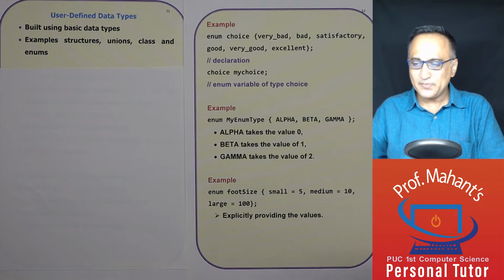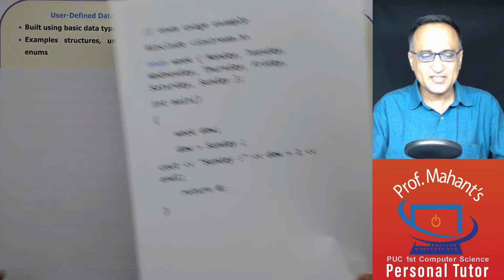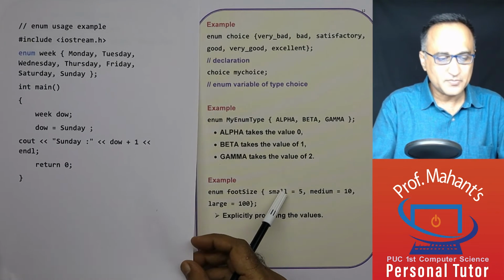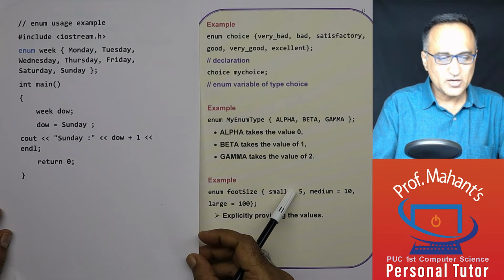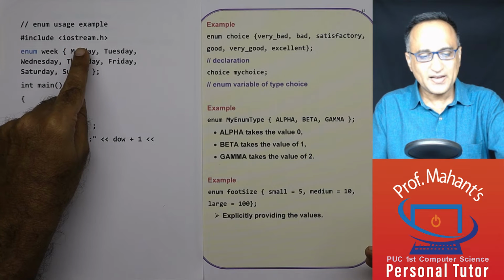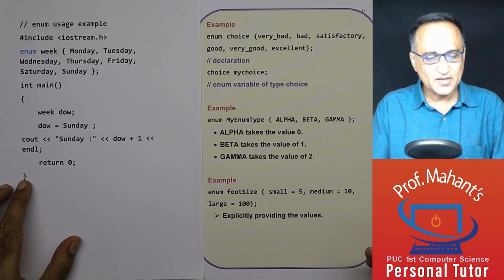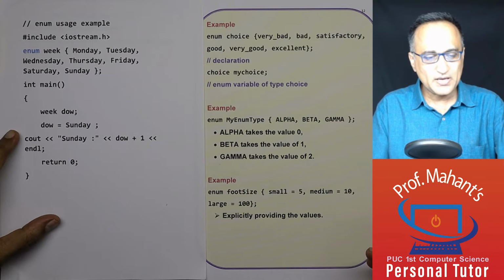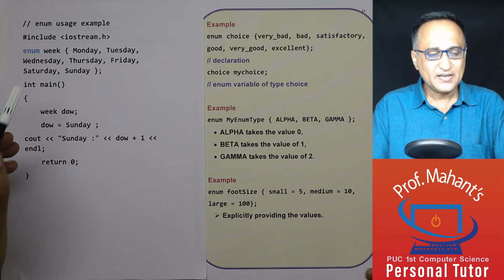Now let's take a look at a program and try to understand the use of enum. Here I have included the header file iostream.h. I have declared how an enum is going to look.